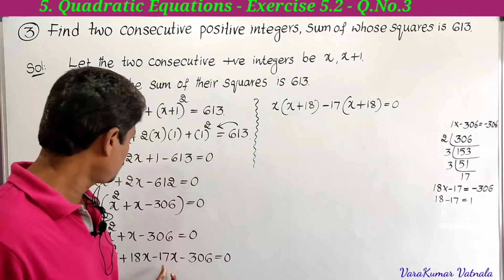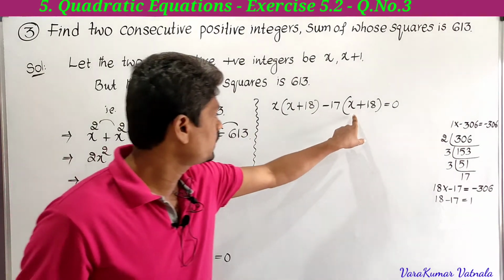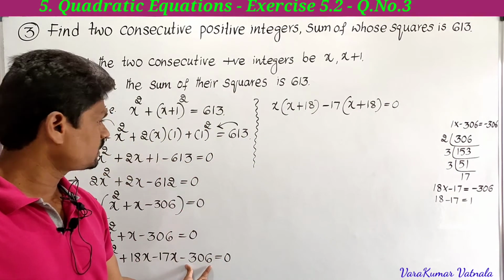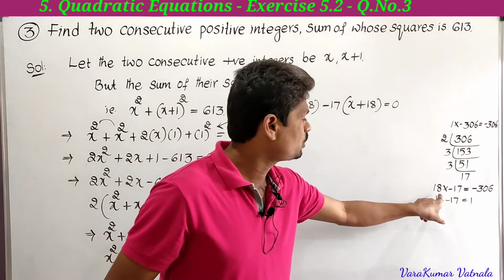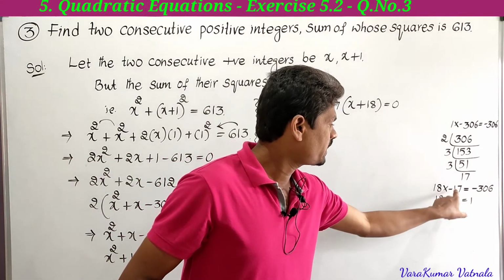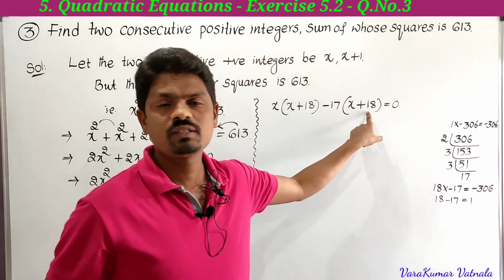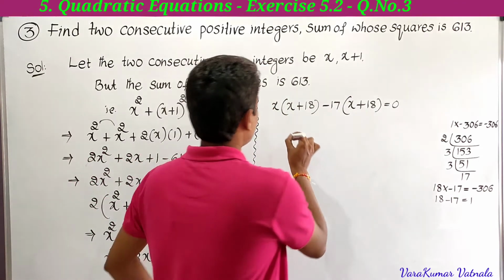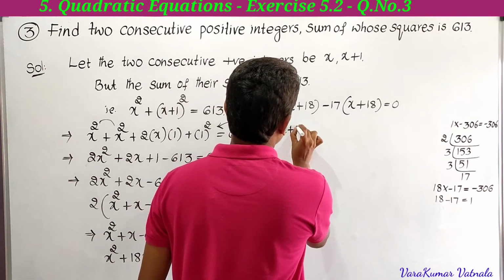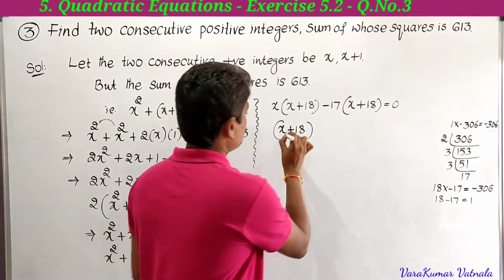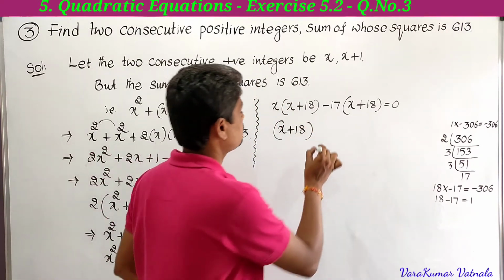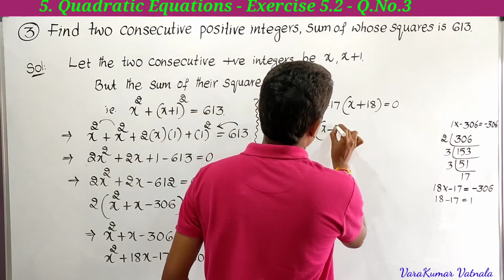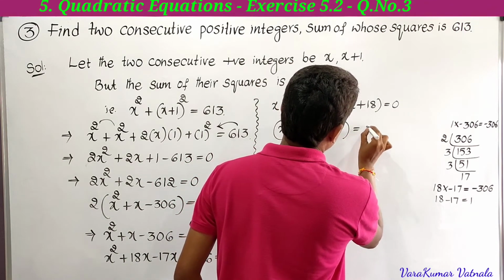So if you take minus 17 as common, here we get x, and minus 306 can be written as minus 17 into plus 18, so again plus 18 will be there. So here x plus 18 is common. Here x is there, here minus 17 is there, so x minus 17 equal to 0.